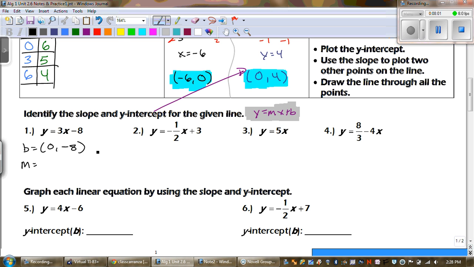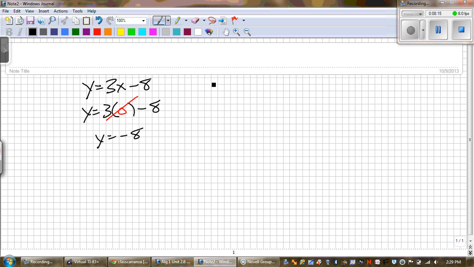And the other thing I need is the slope. The slope is always attached to the x. So that's 2/3. Okay? Now let's do the next one. We have y equals -1/2 x plus 3. I'm going to do it on this other sheet of paper. So we're going to do the same thing.